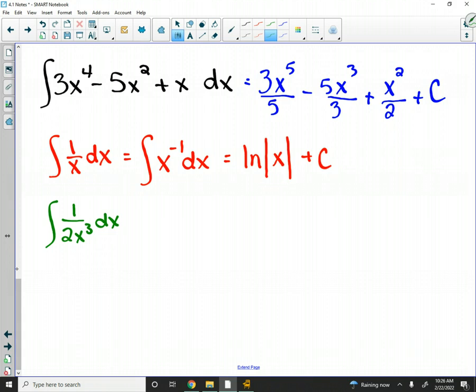So here, again, we've got to bump it to the top, but a common mistake is people will bring the 2 up as well. 2 isn't technically being cubed, only x is being cubed. So I'm going to leave the 1/2 and then bump x to the negative 3 up.